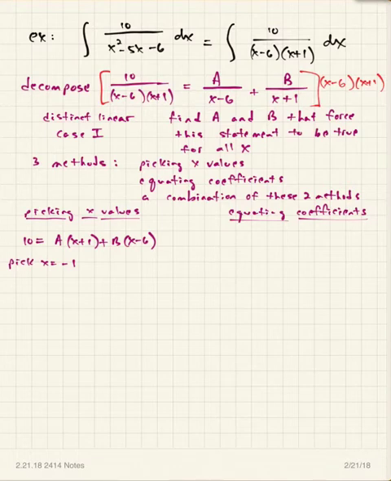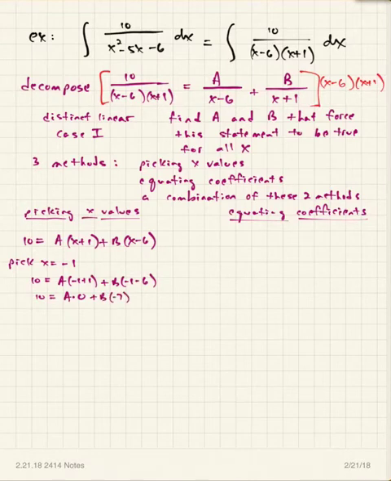So when you do that, notice you get this equation, 10 equals A times -1 plus 1 plus B times -1 minus 6. So that's 10 equals A times 0 plus B times -7.